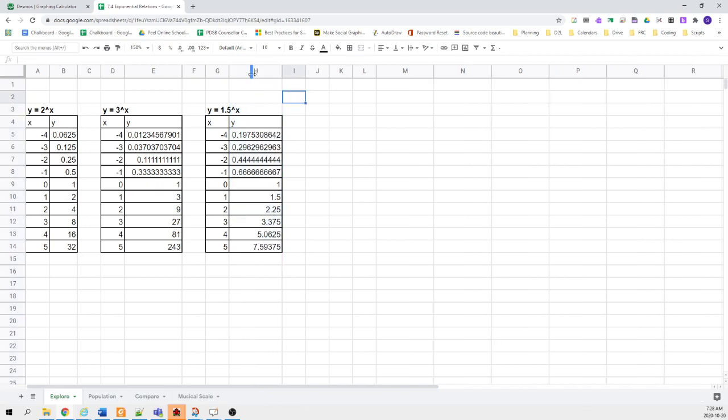I recommend using a spreadsheet when you want to make a table very quickly.